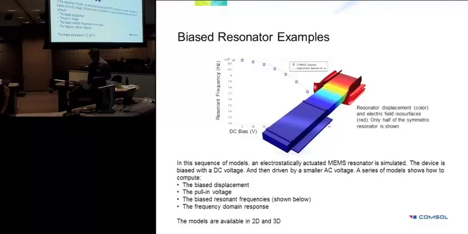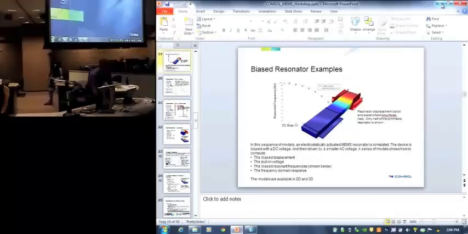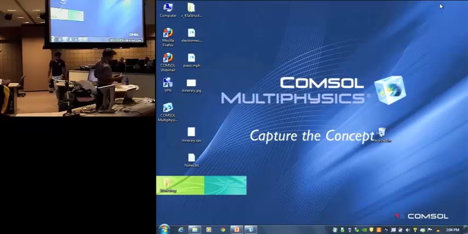So there are a couple of examples in the model library that tell you how to model a resonator, and they go through every step. That is, first calculate the DC bias, then calculate the resonance frequencies, then calculate the frequency response, and then calculate the pull-in voltage, the voltage required for the structure to collapse. I will set up and show one such 2D model, and we'll go through some of these analyses.